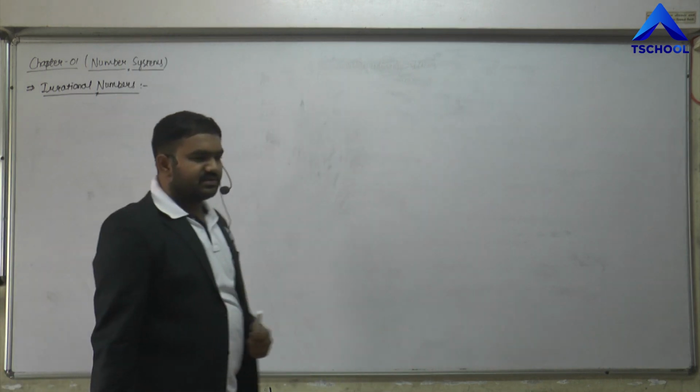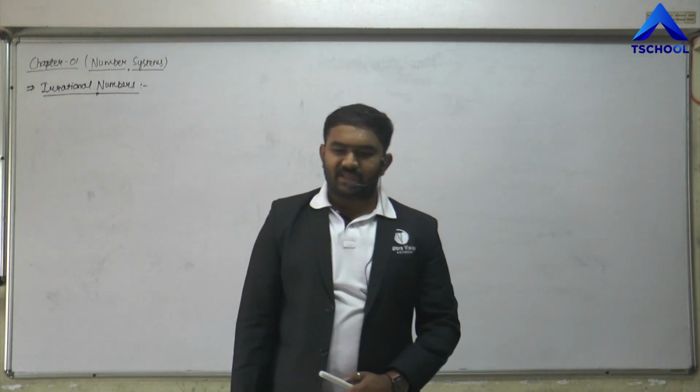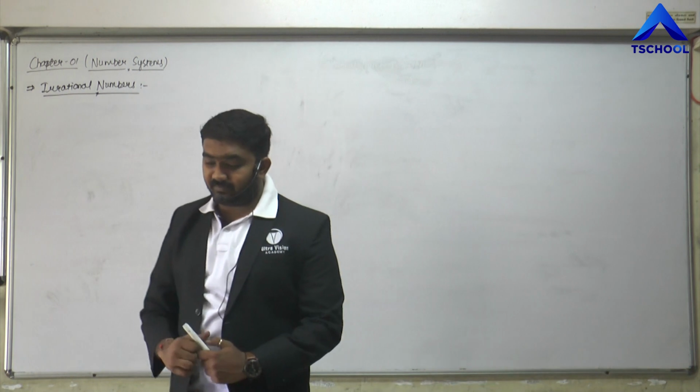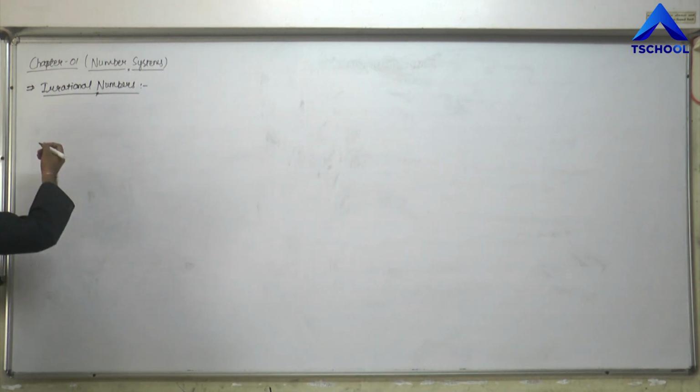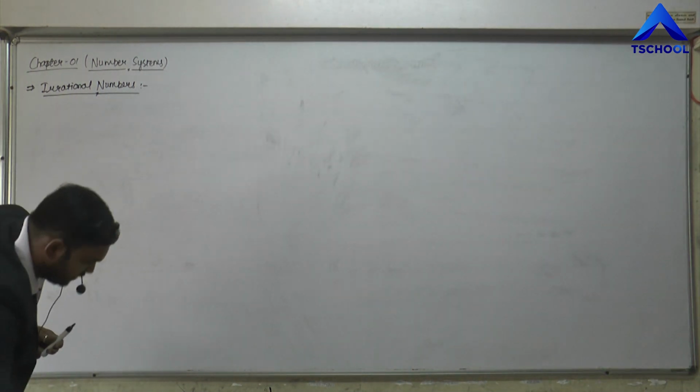Irrational numbers. Basically, as we discussed earlier also, the numbers which cannot be represented in the p by q form are known as irrational numbers, right?